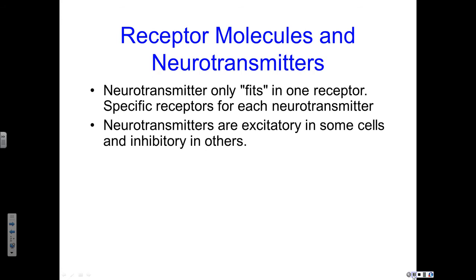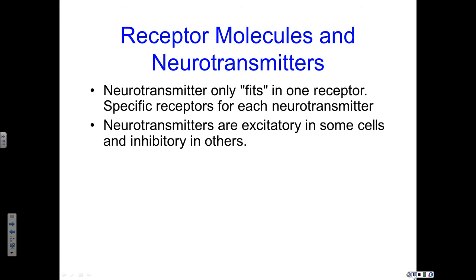They're proteins, and so therefore only one-ish neurotransmitter fits into one receptor. There's specificity. As you'll see, acetylcholine doesn't bind to a receptor that accepts norepinephrine. And of course, that's the way it would have to work.